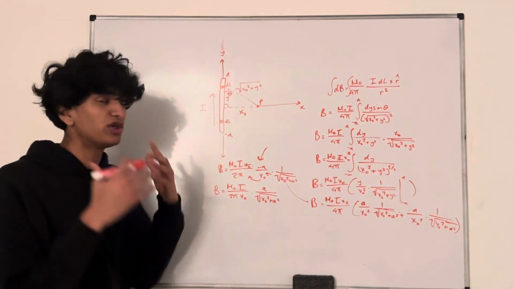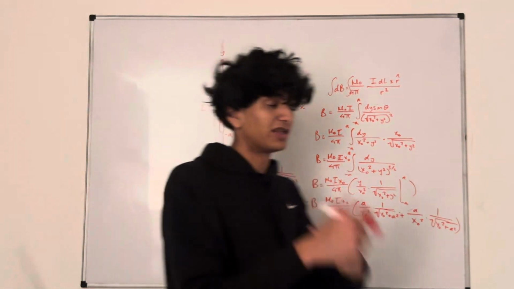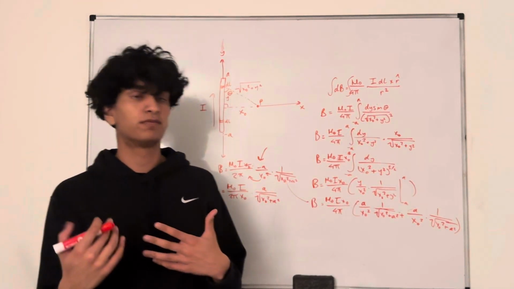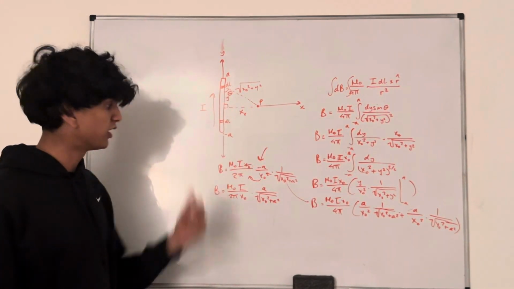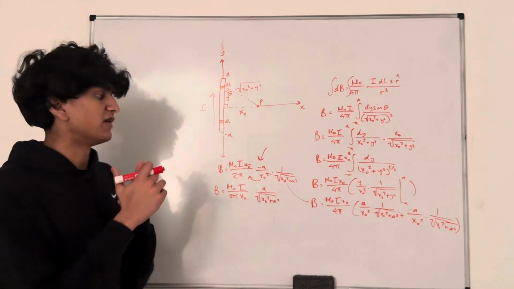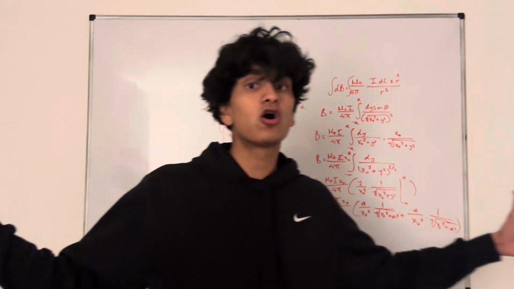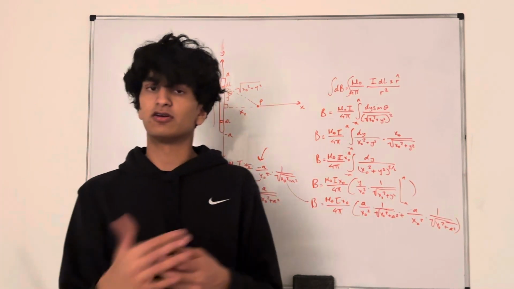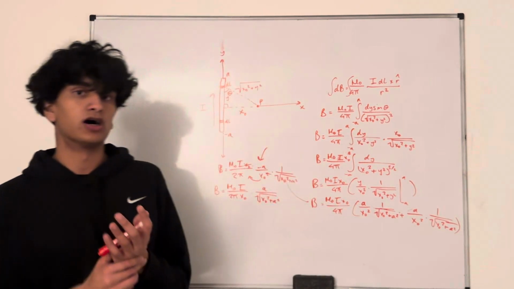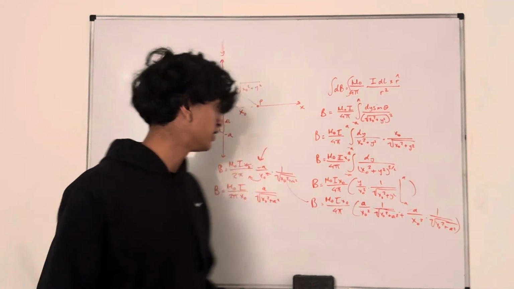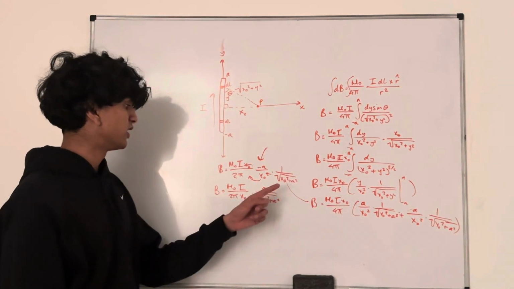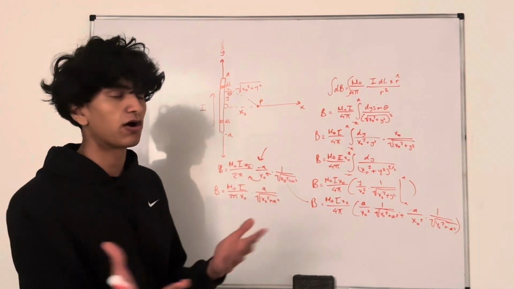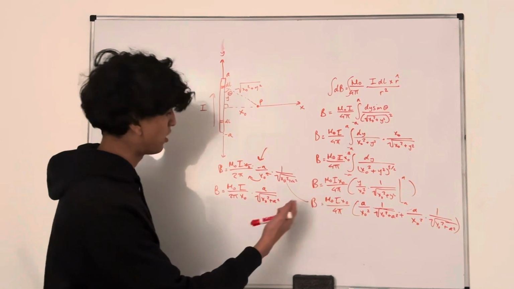Well, it's because we assume that the length is really, really long compared to the distance you are from the wire. So you could treat it like a is infinity, like it's an infinitely long wire, and when you're really close to it, that's very accurate to the actual magnetic field. When you take that limit as a approaches infinity, the top approaches infinity, and the square root of a squared, if you've taken pre-calc honors or AP Calc, you'll know this limit.